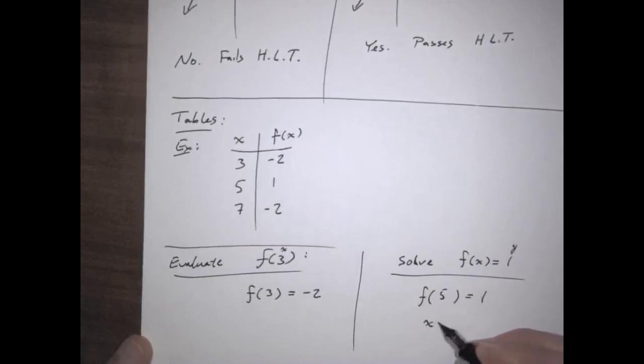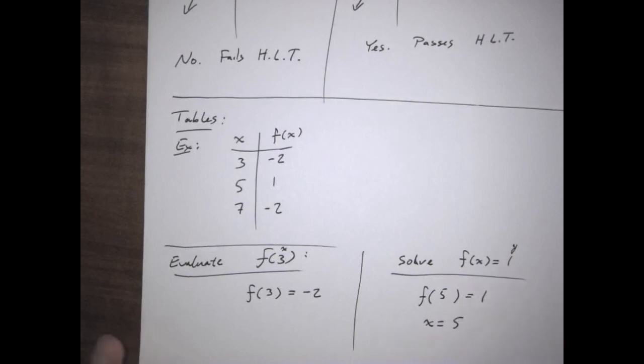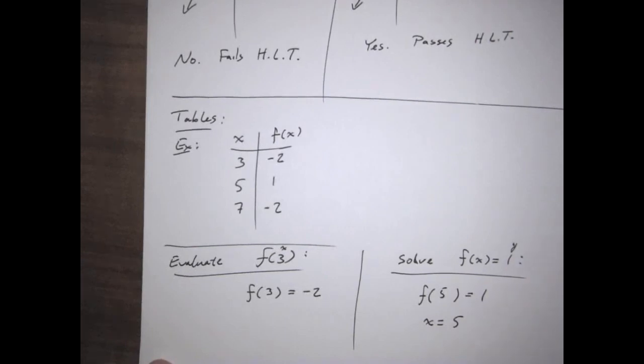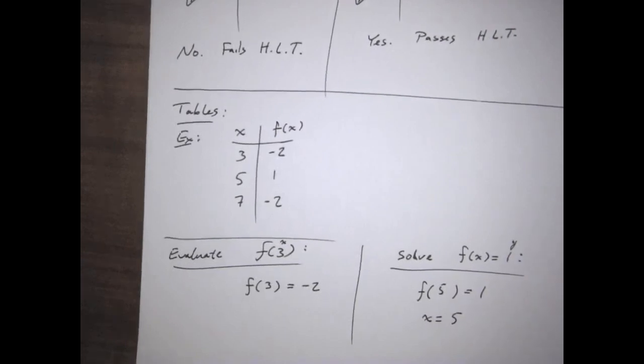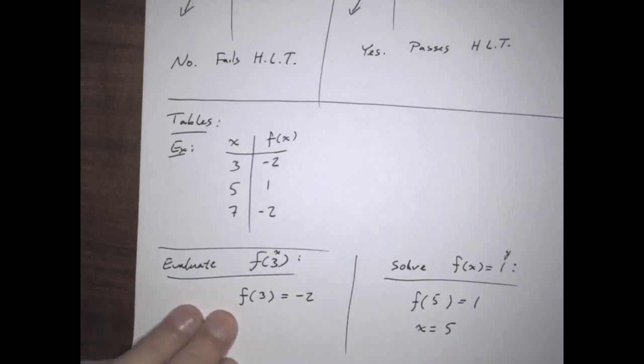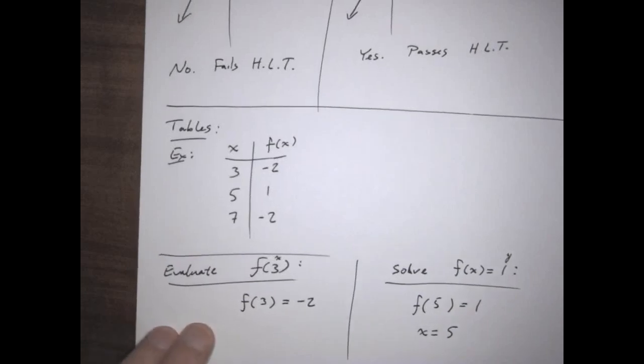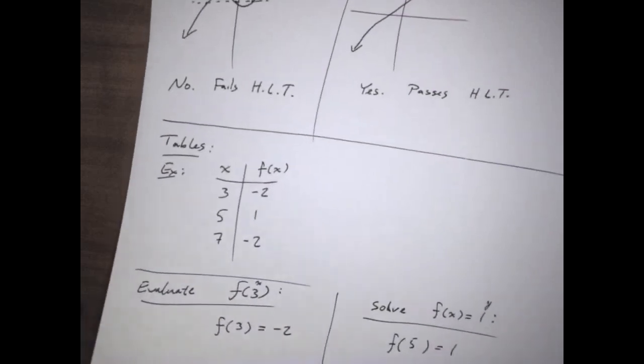So that means x has to equal 5. Whenever the question says solve this or solve that, the answer should always be something like x equals this, x equals that. Or sometimes you might give it in some sort of a set. But typically when solving equations, you just need to find the missing value of the variable, say x equals this, x equals that, t equals this, t equals that, etc.